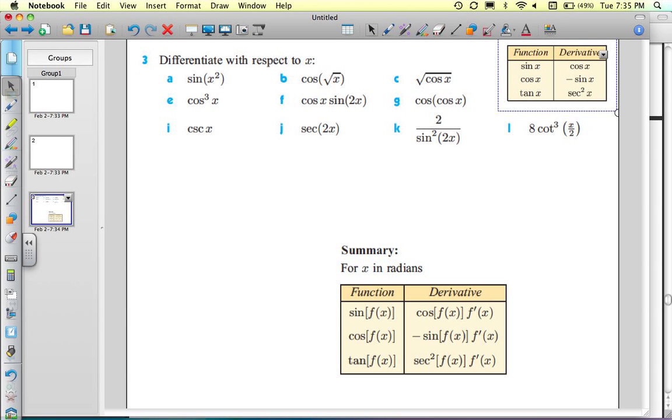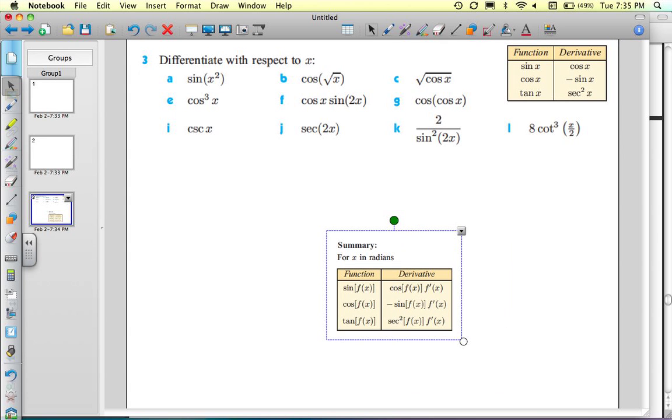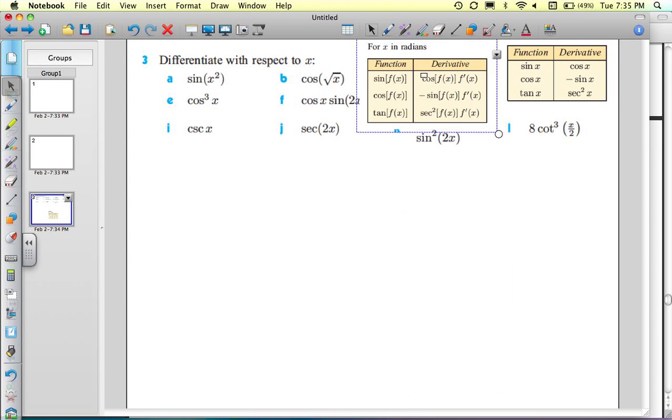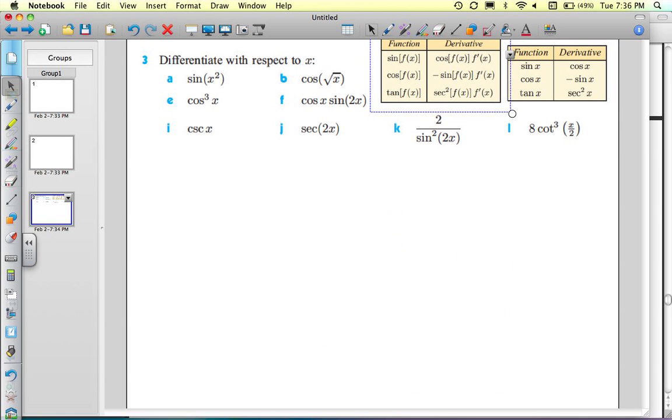Since we're concentrating on letters I, J, and K, you were asking about I, J, K, and I imagine it's because they are cosecant, secant, and cotangent. As you can see, the book did not give you those particular functions.